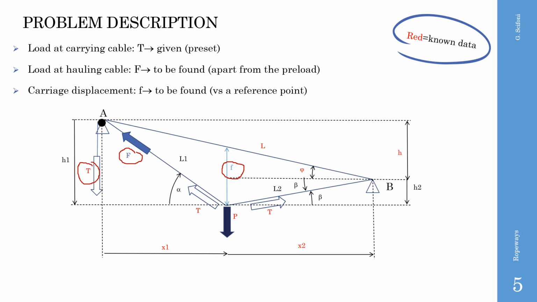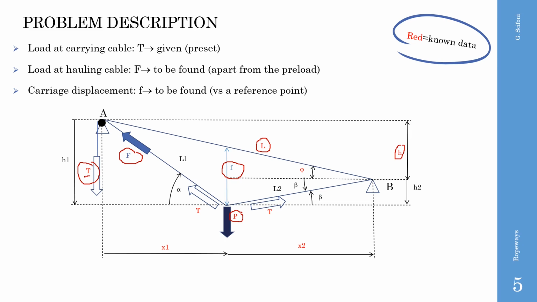The delta elevation we call h. Moreover, we call capital L the distance between A and B. Capital P is the load of the carriage plus the payload. And capital T, as we have said before, is the load of the counterweight that we assume being the preload of the carrying rope. We observe that this load is constant and does not change after and before the carriage.